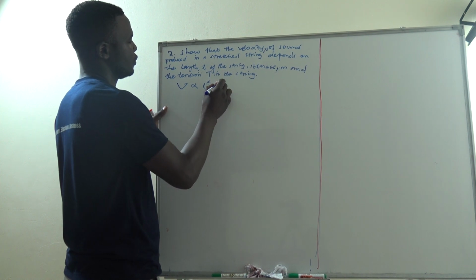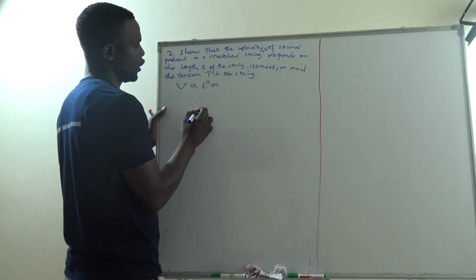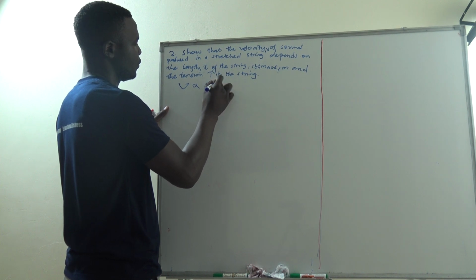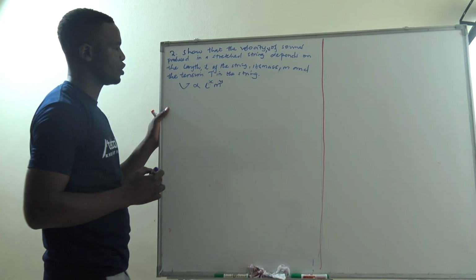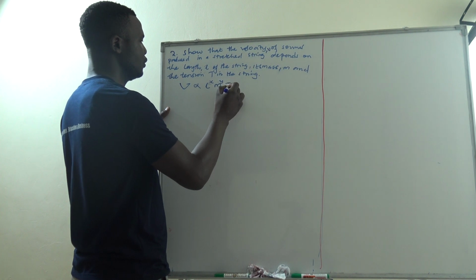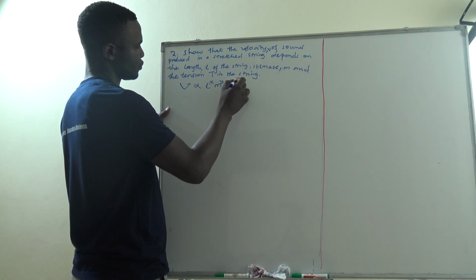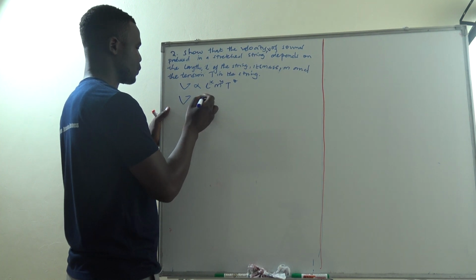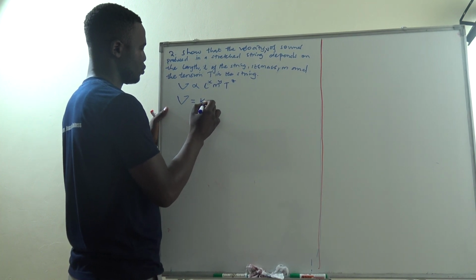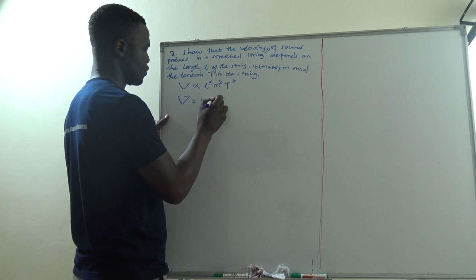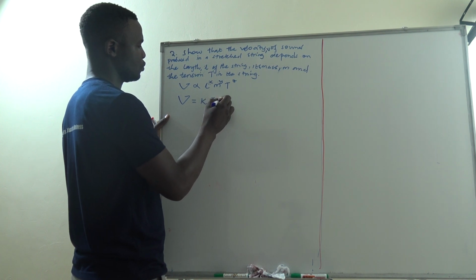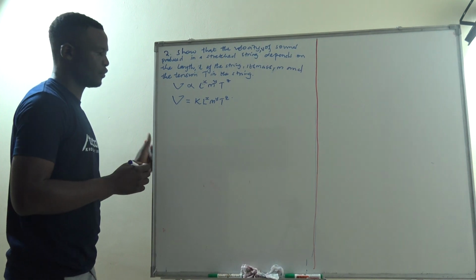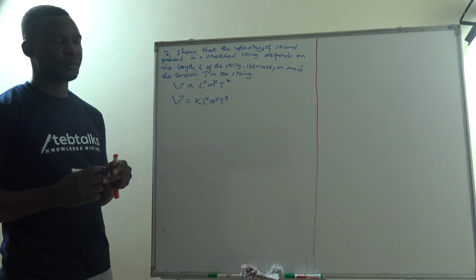Then also it depends on the mass of the string, to power y maybe, and the tension T to power z. Now, to remove the proportionality sign, we bring in a constant k, which we assume to be dimensionless. So, this is the expression that we have.